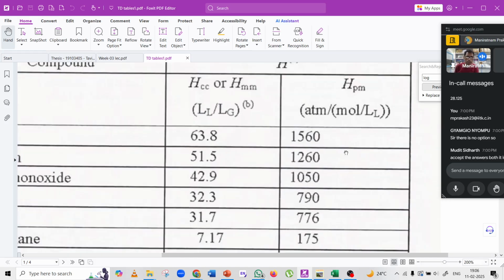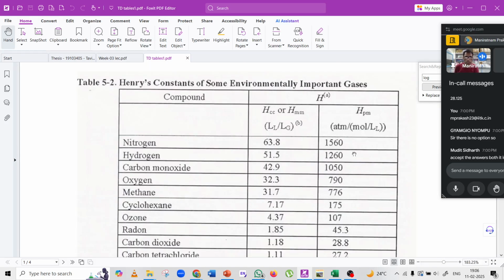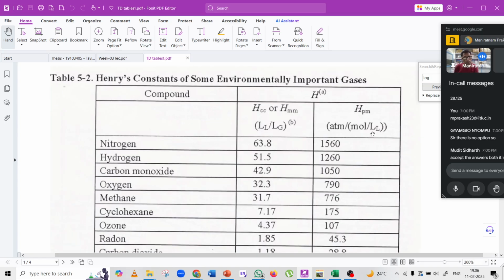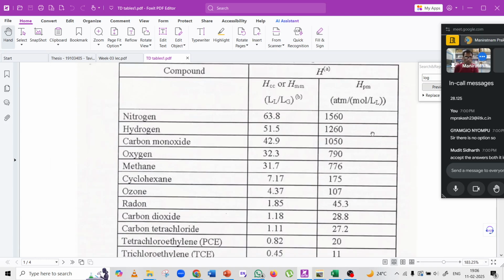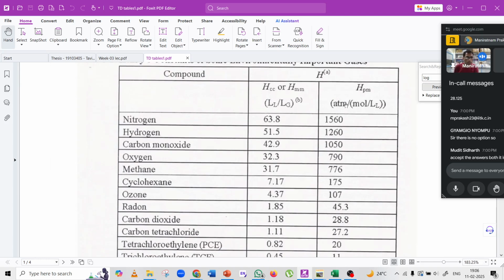At several places you will be seeing that this Henry constant is written in the form of atm per mole per liter. Most of the places you will be seeing this thing only. Okay, na. atm per mole per liter, that is atm per molarity. Then formula is also Henry constant is equal to pressure divided by concentration. That's why we say that this concentration will go on the right side. Then we say that concentration is directly proportional to partial pressure, and depending upon the Henry constant, it will either dissolve or redissolve. Okay, na.